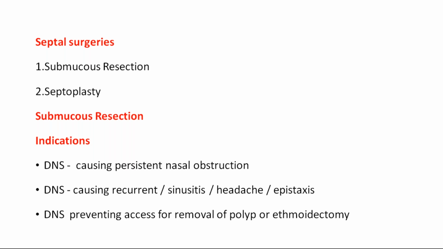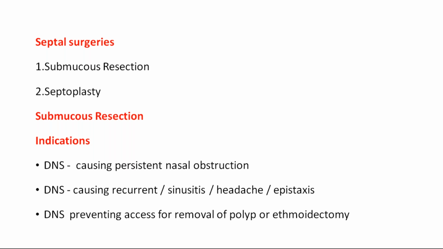If the deviation of the cartilaginous septum occurs anterior to the Cottle line, you do septoplasty, and if it is posterior to the Cottle line, you go for submucosal resection. So this is one aspect, the Cottle line.